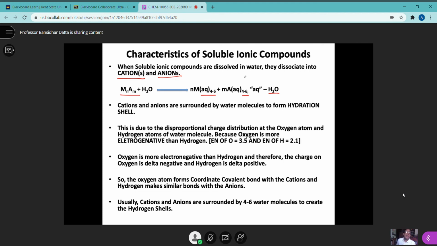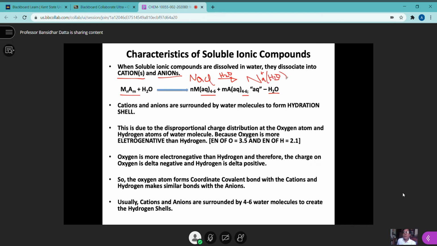So let's take an example. Let's say the example is NaCl, sodium chloride, and you add some water to it, H2O. Once you add the water to it, then we'll have sodium, Na plus, and let's assume that we have H2O, 6 of them, or let's say 4 to 6.